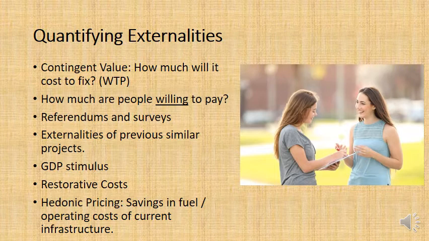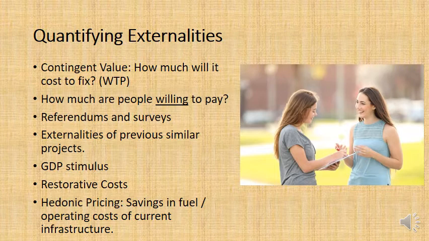So in a sense, it is an externality. So if it's going to cost $100,000 to maintain the road every year, that is a contingent value. That is the external value.